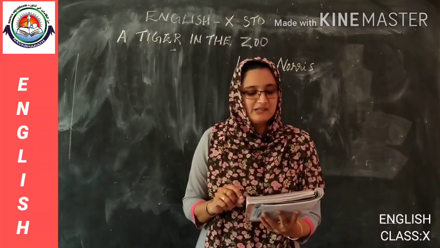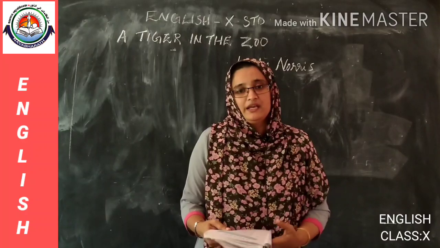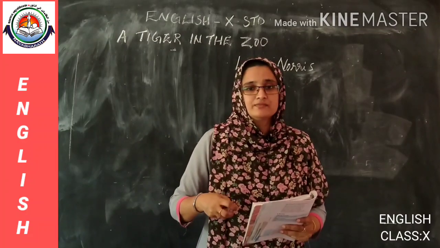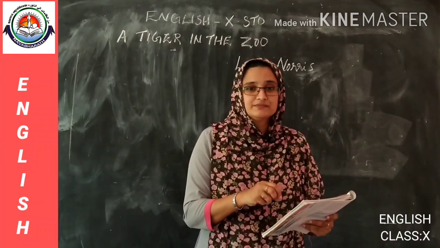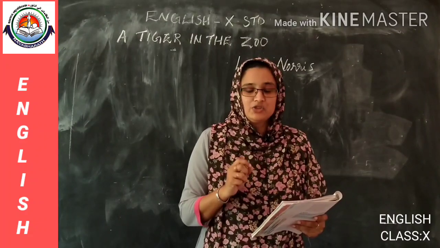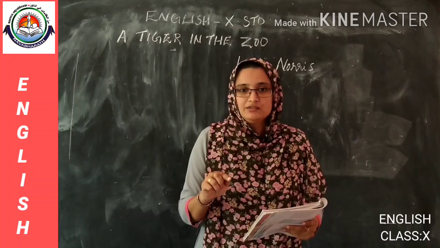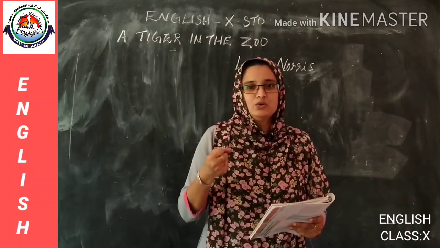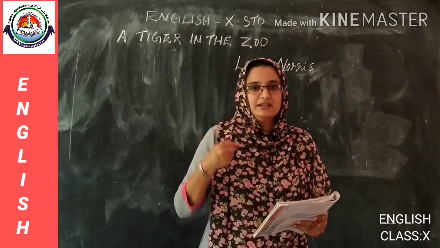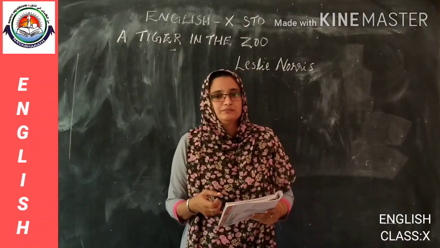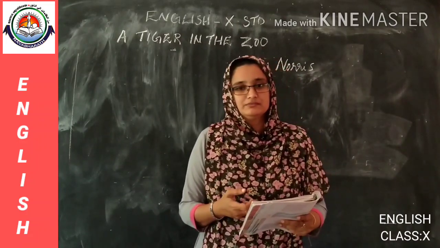But he is locked in a concrete cell. Again the poet calls the readers to the zoo. Actually, this tiger is very powerful and he has good power in the jungle. But what will he do there?